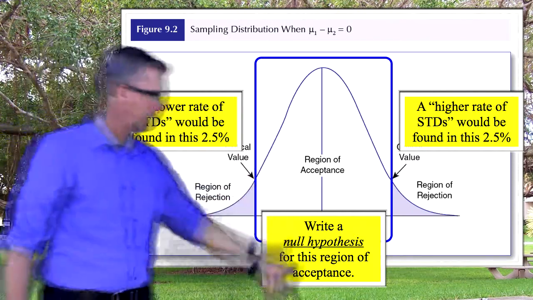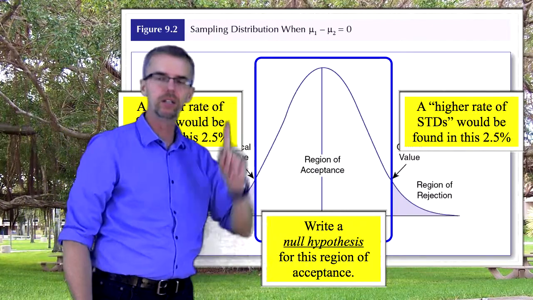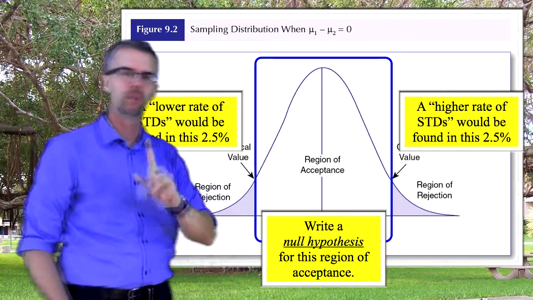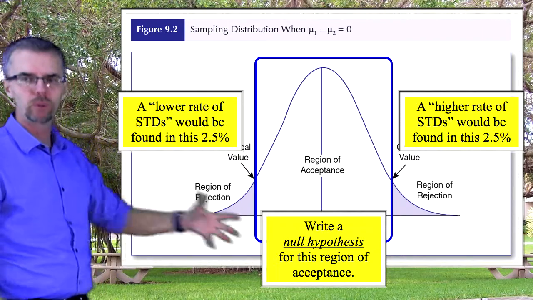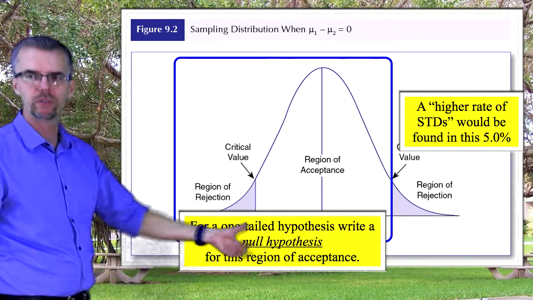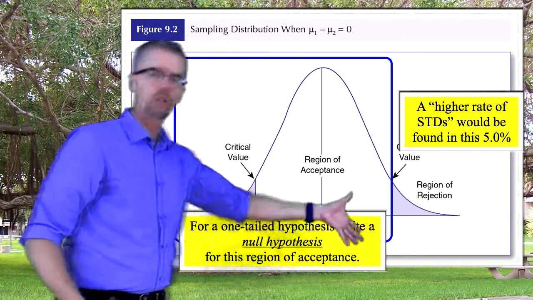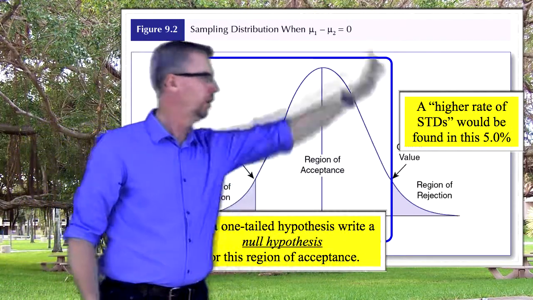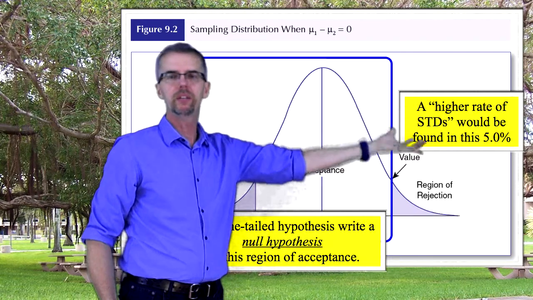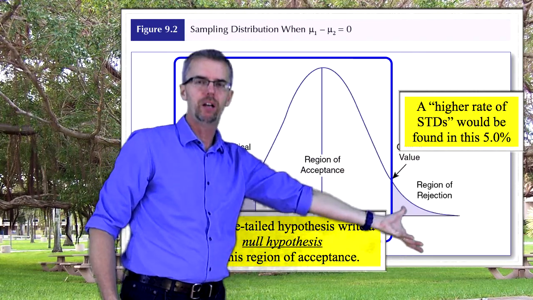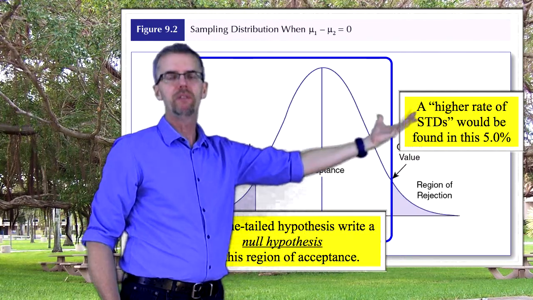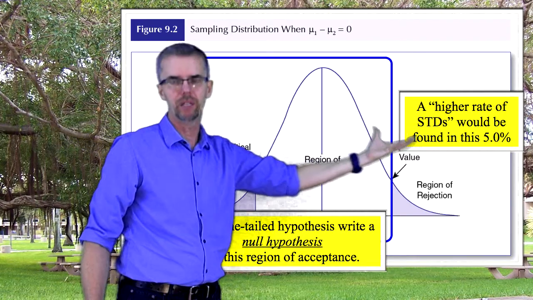So you need to first write your null hypothesis that'll get into here, unless you're going to write a null hypothesis that is one-tailed. So if you're going to do a one-tailed hypothesis for your null, you would write it to accept everything down here so that it could include everything down here, and your area of rejection would be this top 5% now, because we always go for a 95% confidence level.